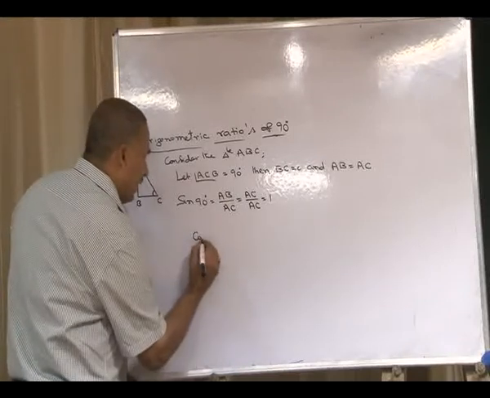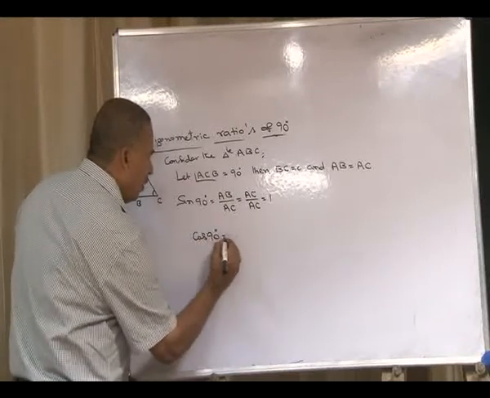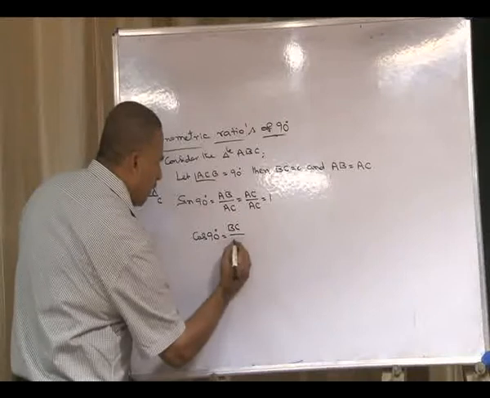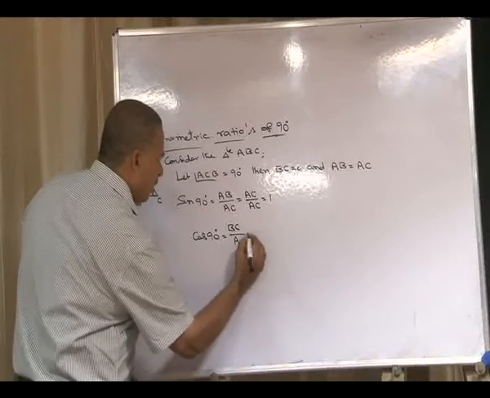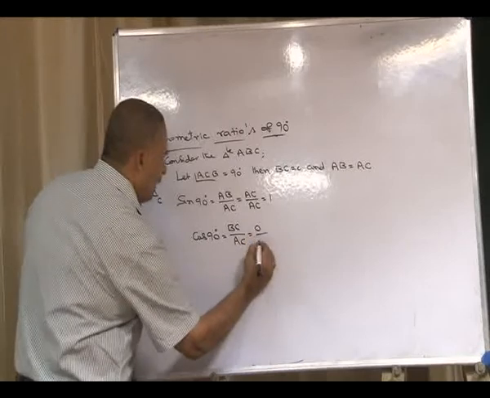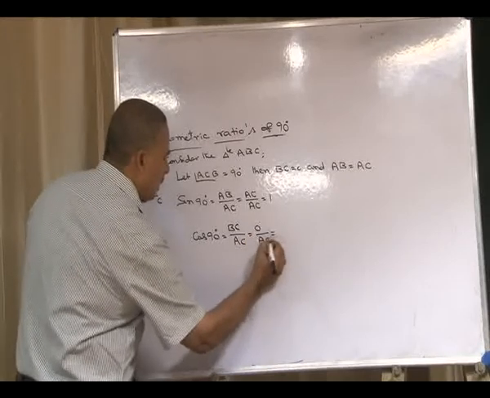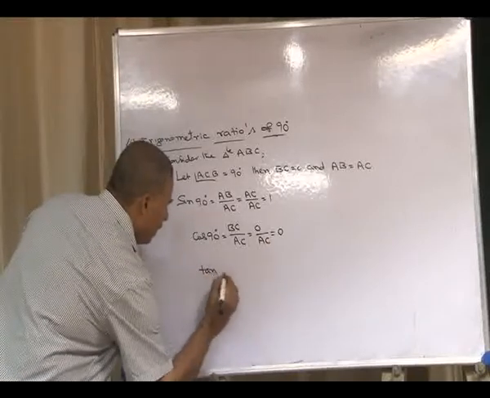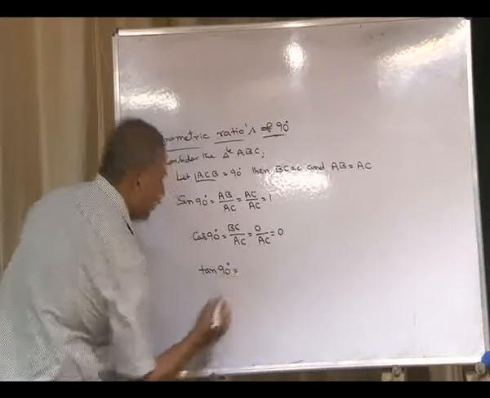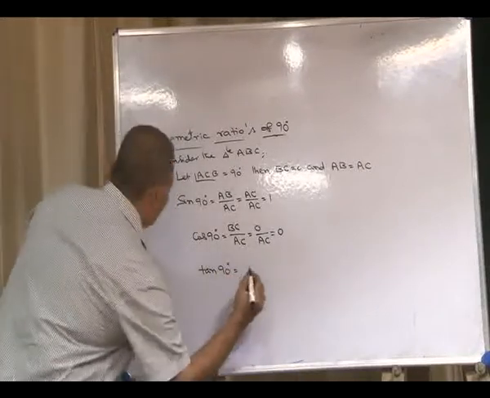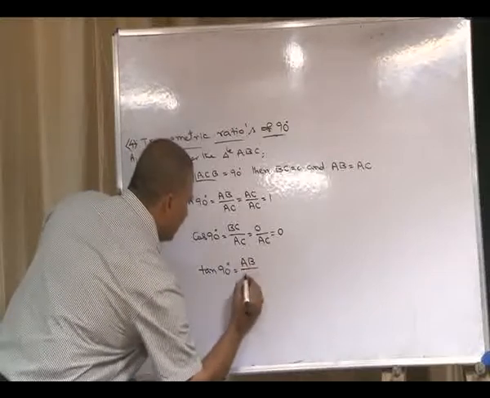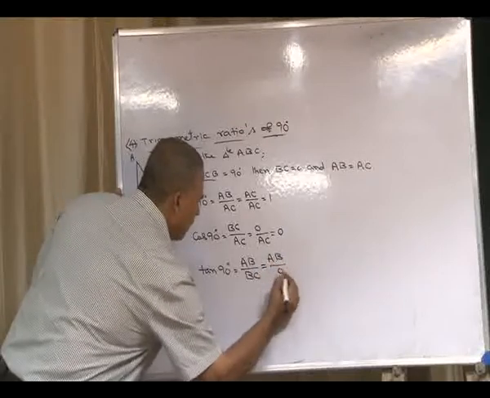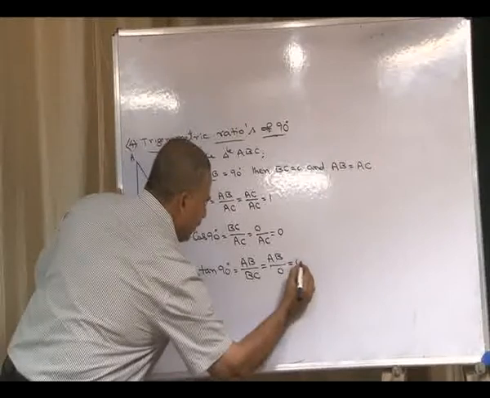Cos 90 degree is equal to adjacent side BC by hypotenuse AC, that is 0 by AC, which is 0. Next, tan 90 degree is opposite side by adjacent side, that is AB by BC, value is 0. AB by 0 is infinity.